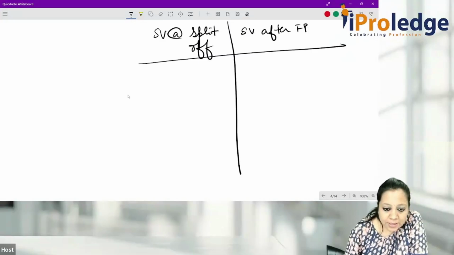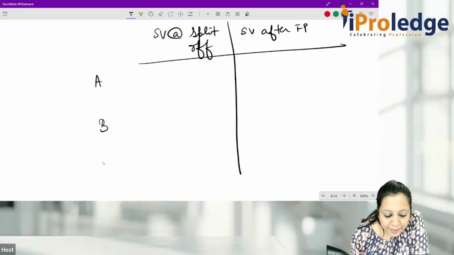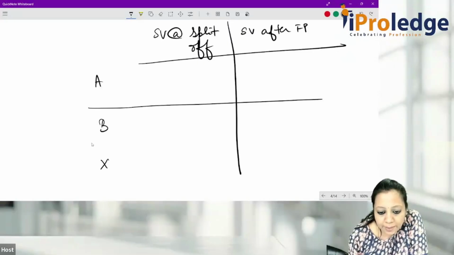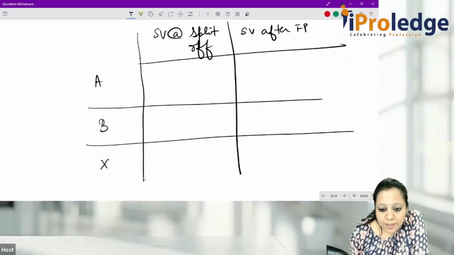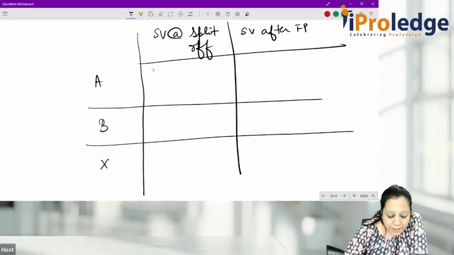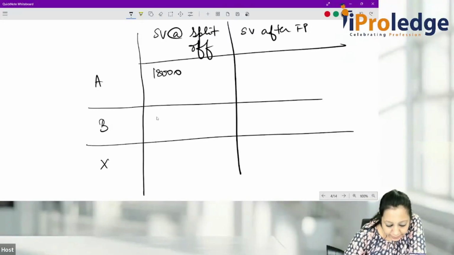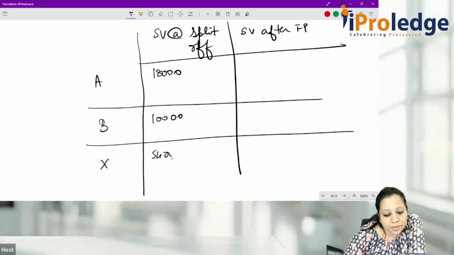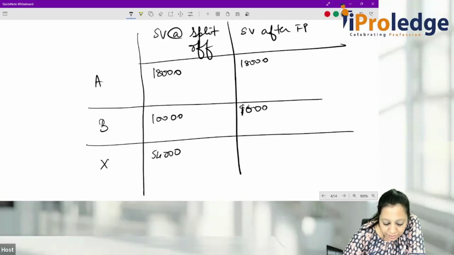So this is A, B, and X. Number of units sold was 18,000, then 10,000, and 54,000.